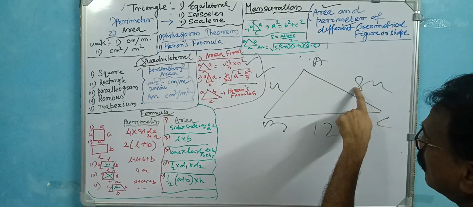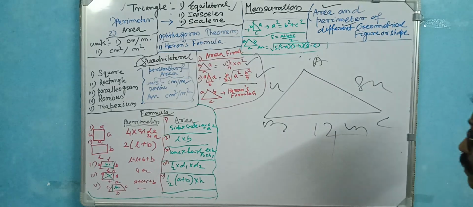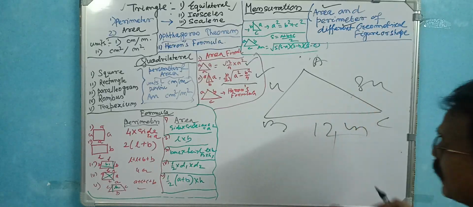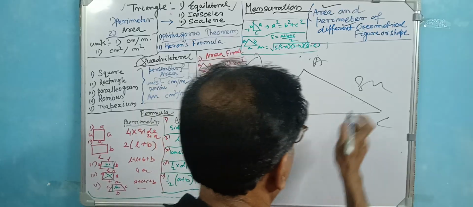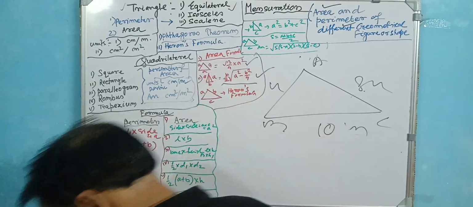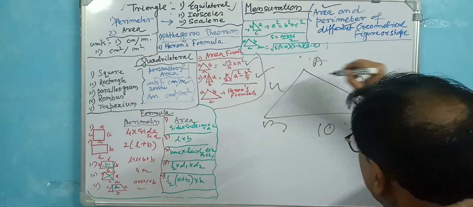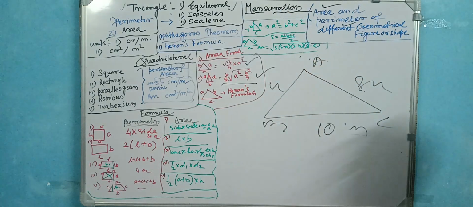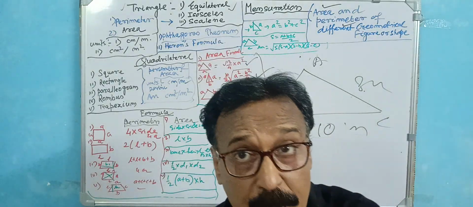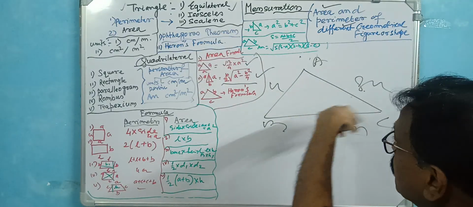So this is 8 plus 4, now this is 14. Now sum of two sides, this is 10. The sum of two sides is always greater than the third side, so the triangle will be possible. That is a geometrical theorem. So this is the scalene triangle.